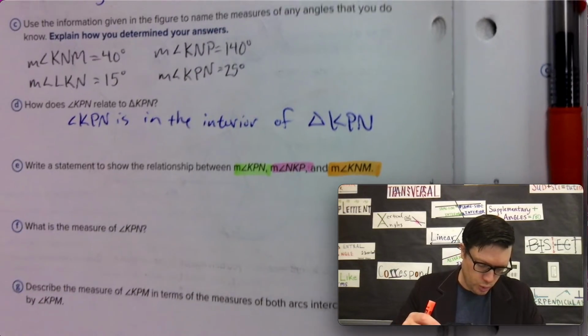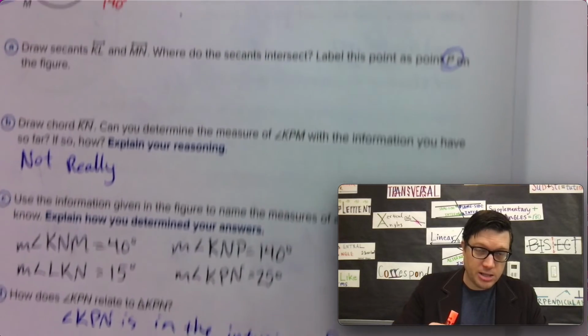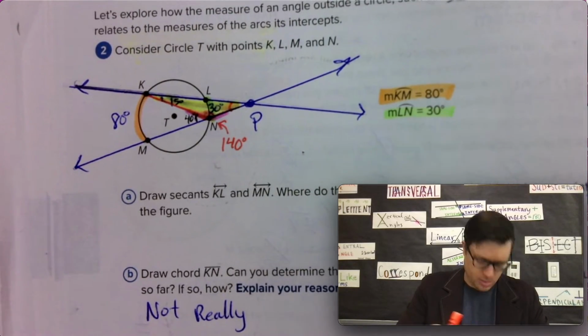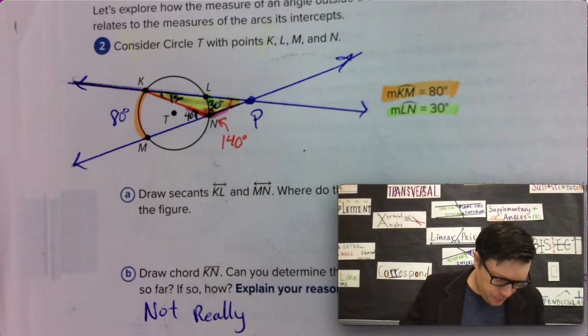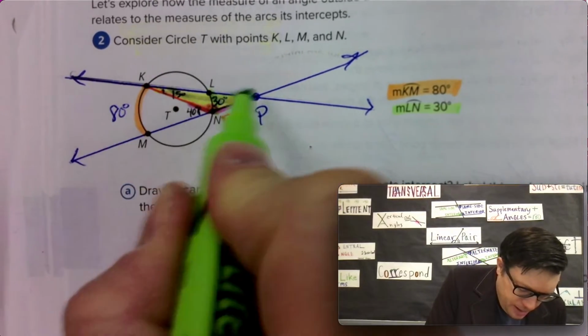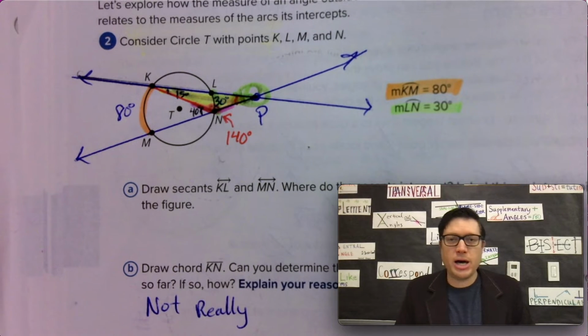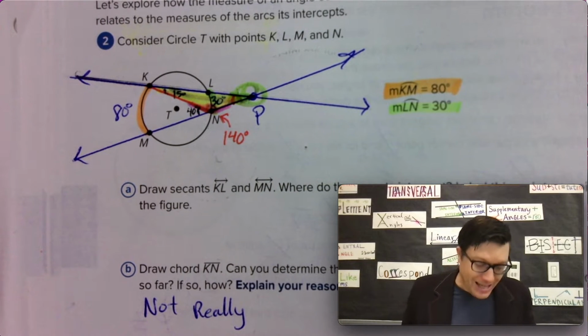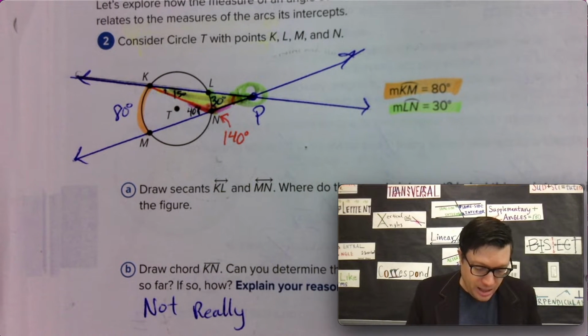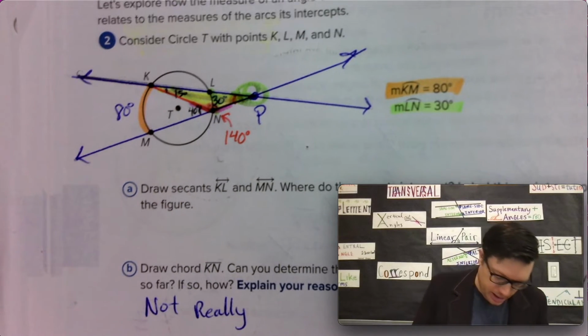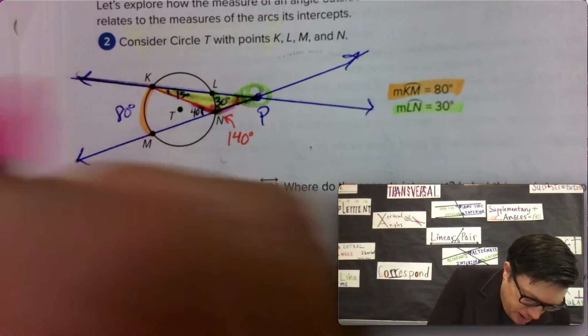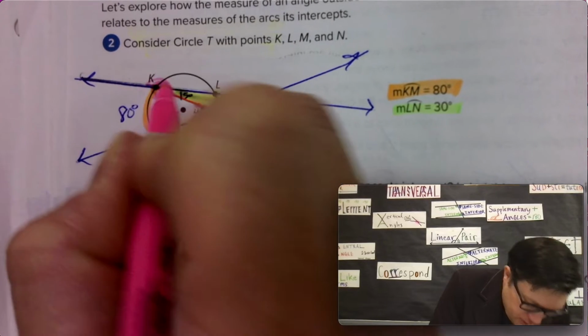Okay, so let's go find KPN. KPN is going to be highlighted, I even put a circle around it, green. NKP is going to be highlighted pink. NKP, so this angle.